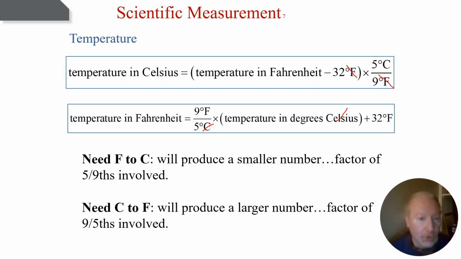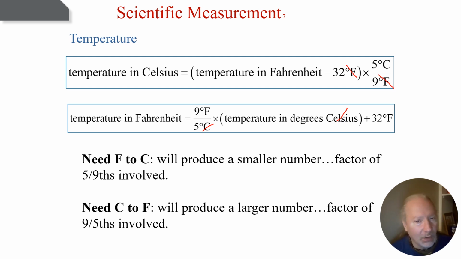What do we need to do though if we need to go from Fahrenheit to Celsius? The equivalent Fahrenheit to a Celsius number, where it would be the same temperature but recorded in Fahrenheit and then recorded in Celsius, we know the Celsius temperature is always going to be lower than the Fahrenheit temperature. Here's why.